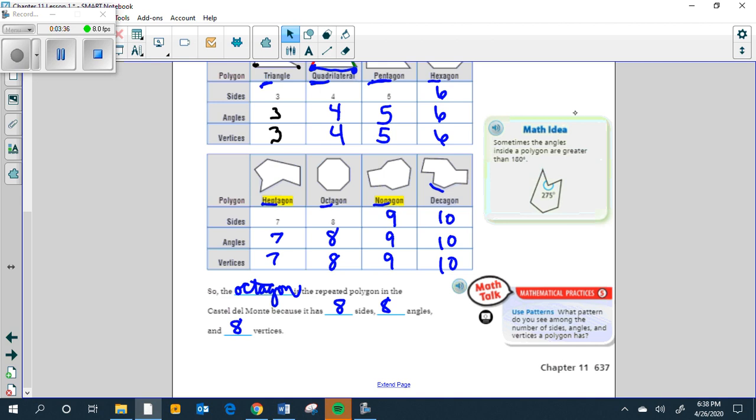Taking a look up here at the math idea, sometimes the angles inside a polygon are greater than 180. If you remember last year in 4th grade, you learned to use a protractor, a tool that looks like this, to measure angles. And from here to here, whoops, getting those level, that would be 180 degrees.